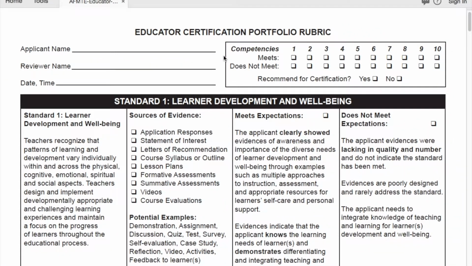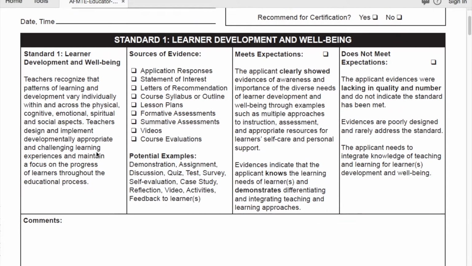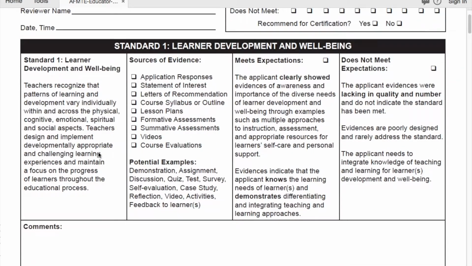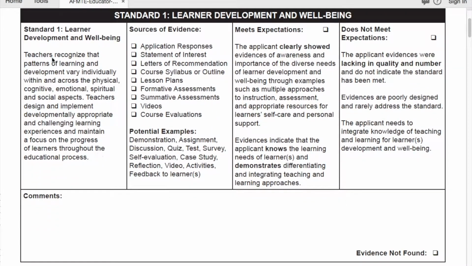Okay, let's take a look at the rubric. For each of the 10 standards, there's a page that the reviewers will take a look at. Let's start with Standard 1. Standard 1 has to do with learner development and well-being. And it's summarized as: teachers recognize patterns of learning and development vary individually within and across physical, cognitive, emotional, spiritual, and social aspects.